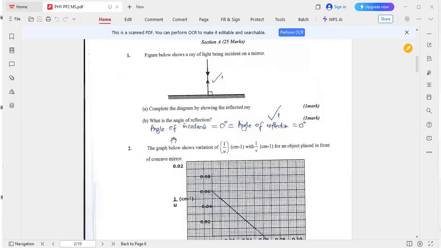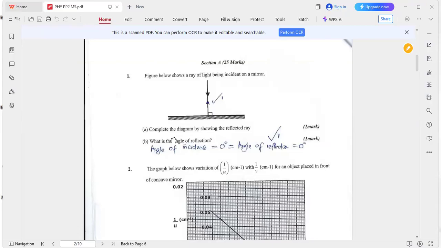Because this ray is incident to the mirror at 90 degrees, the moment it strikes the mirror it is reflected back through the same path.